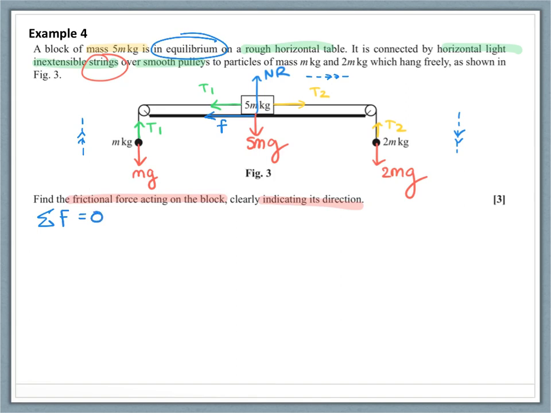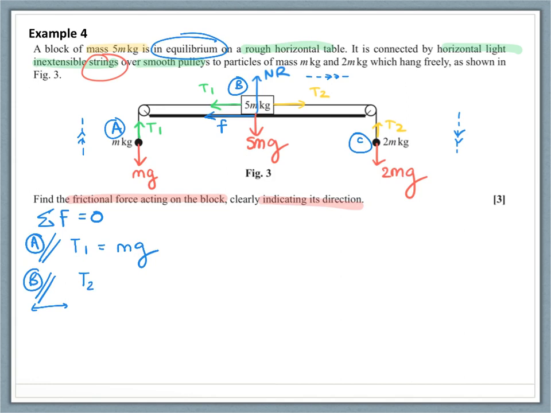So for simplicity, I'm going to label the items. That's item A, this is item B, and this is item C, so you know which one I'm talking about. Item A, first of all, now the forces are balanced, so T1 has got to equal mg. Item B, I'm going to focus on the horizontal forces here because I know that the normal reaction is going to equal the weight, but that doesn't tell me anything particularly interesting for the moment.